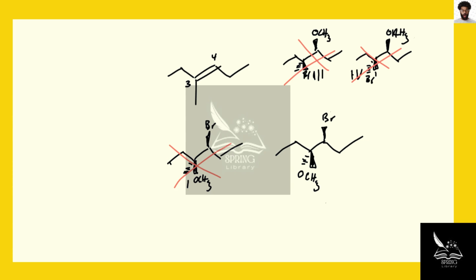And we'll notice that they're anti to each other. That's bromine is on a wedge and OCH3 is on a hash. And then we'll also get an enantiomer version of this where it's the exact same thing, but bromine is on a hash and the OCH3 would be on a wedge.